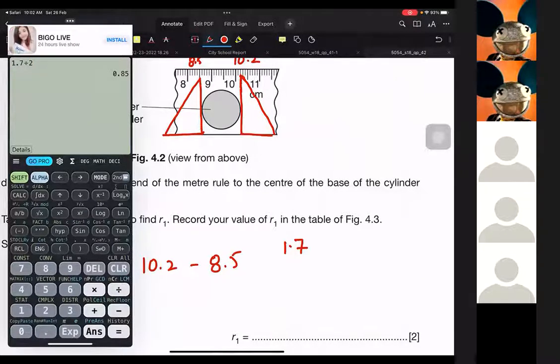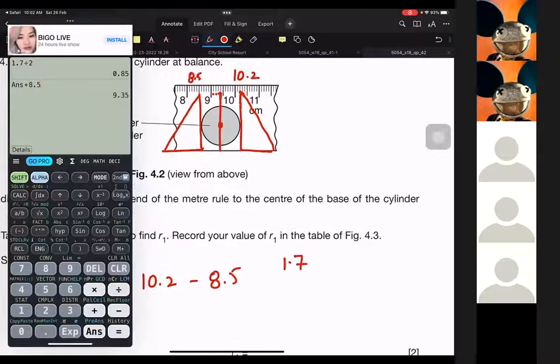Then I add 0.85 to 8.5, and I get exactly the middle position, which is 9.35. This is exactly the middle I was looking for.